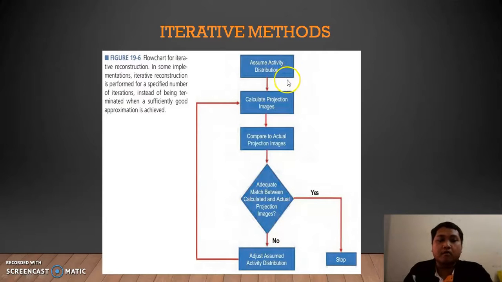By using a model of imaging characteristics of the scintillation camera and the patient, the calculated projection image will then be compared with the actual projection image, and based on this, the assumed activity is adjusted, and then the process is repeated several times until the calculated projection image approximates the actual projection image.